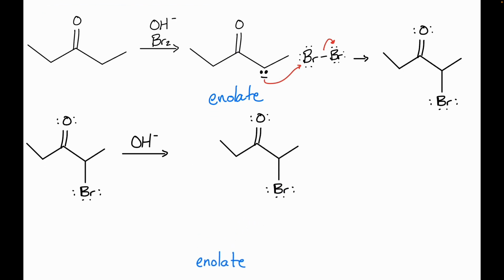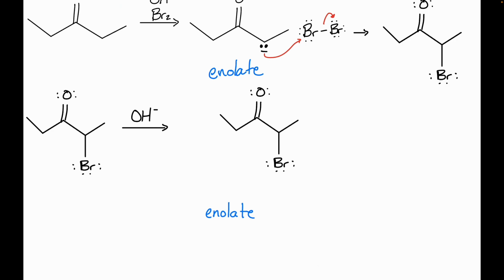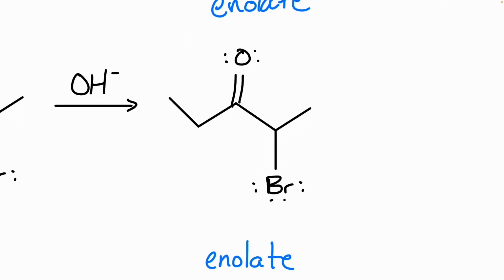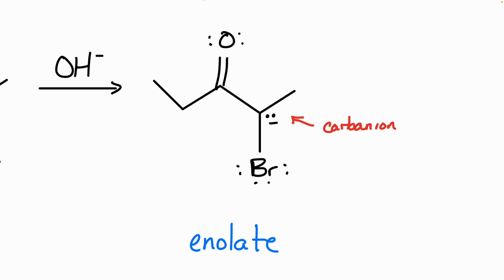And that's because we have this enolate ion here. Our carbanion is stabilized by that halogen. Halogens are very electronegative, right?